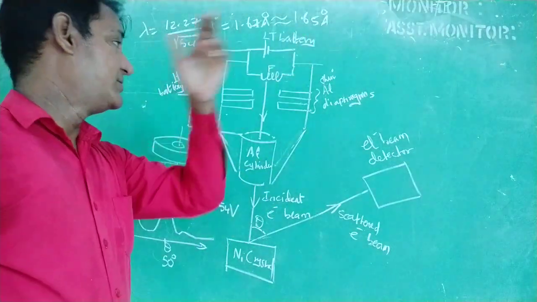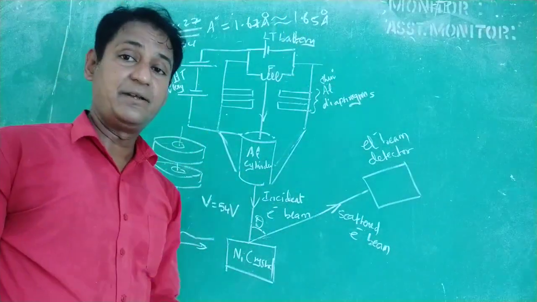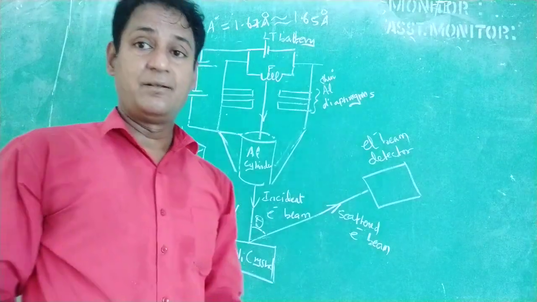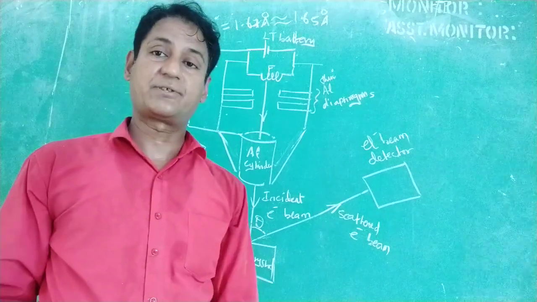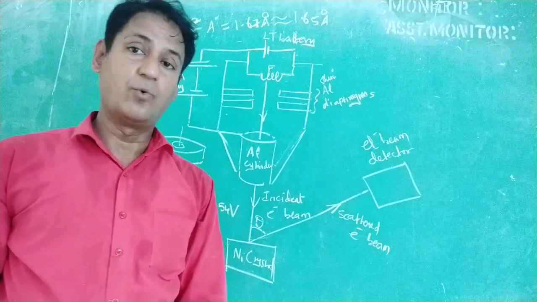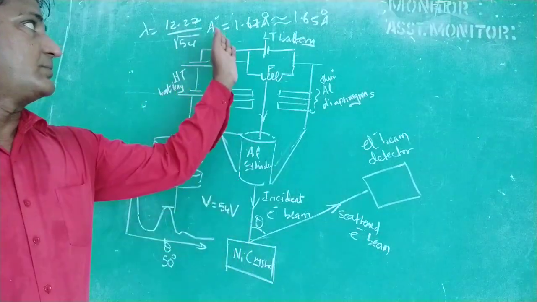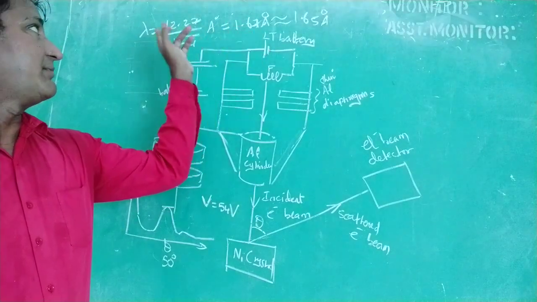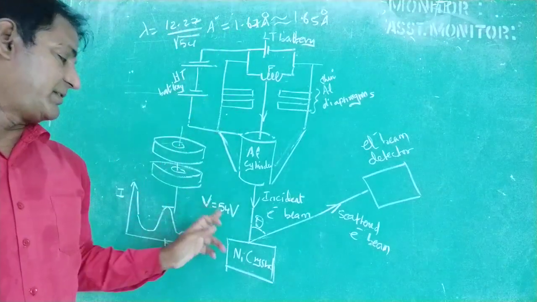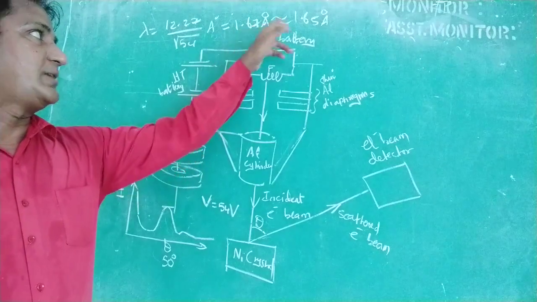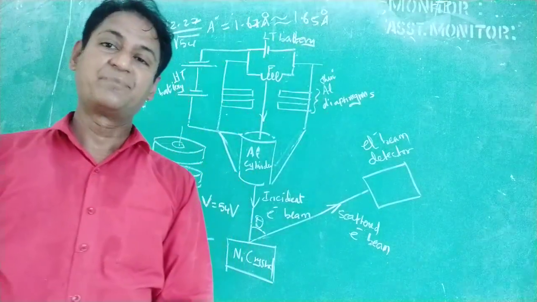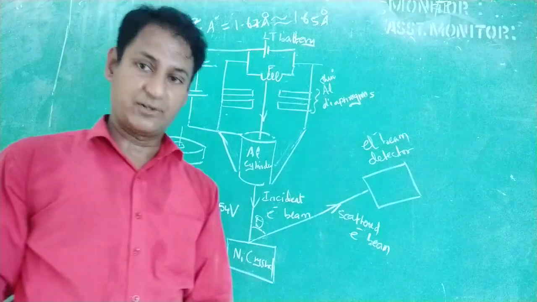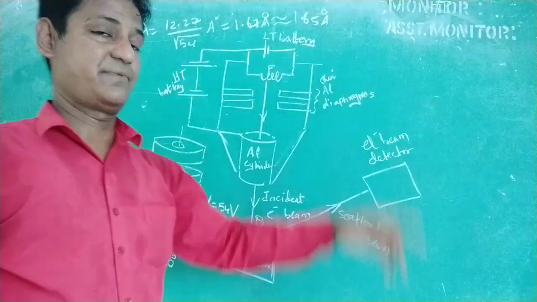Using this it was confirmed that matter waves, that is, electrons, always behave like a wave. The value obtained after substituting 54 volt was nearly equal to the real value of the de Broglie wavelength of the electron, that is 1.65 angstrom.